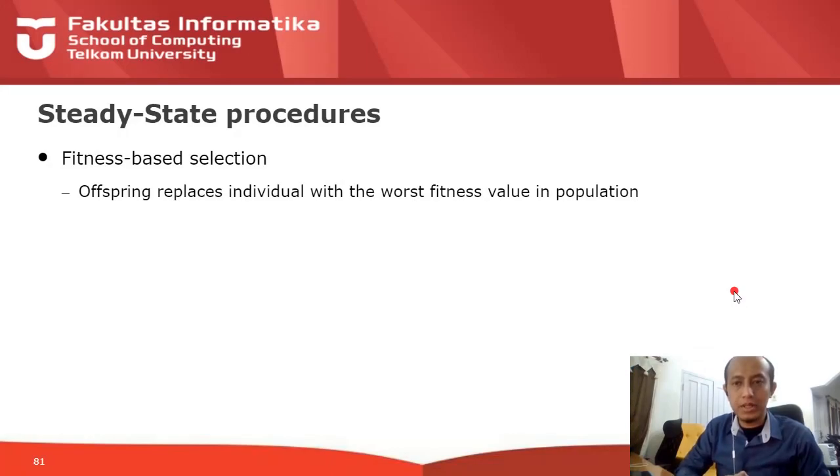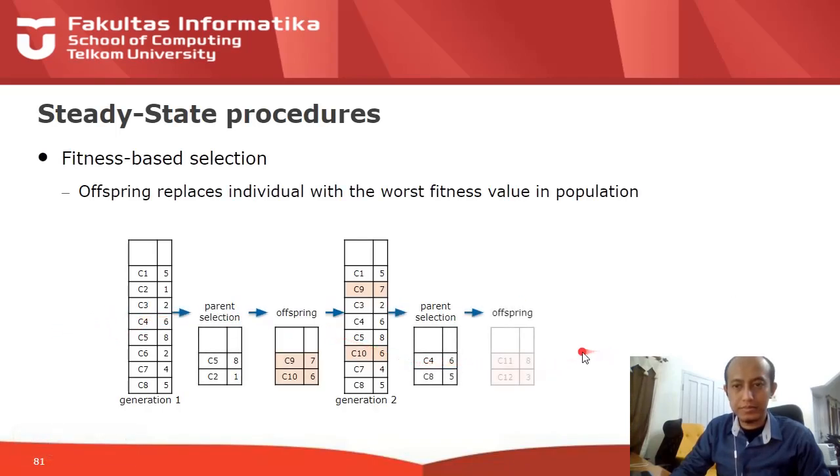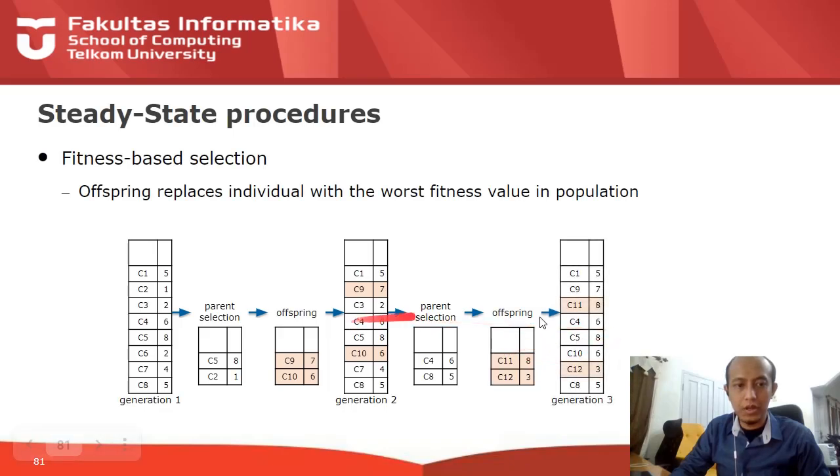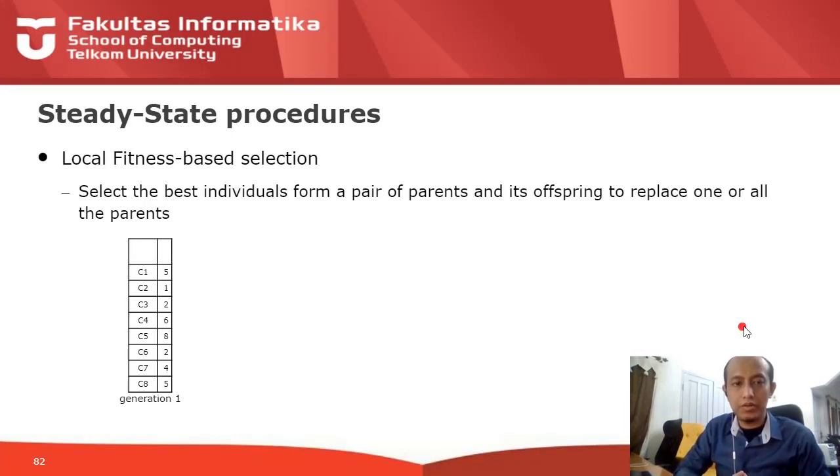This is another example of steady state, but the offspring replaces the individual with the worst fitness value in the population. This is another variant of steady state.